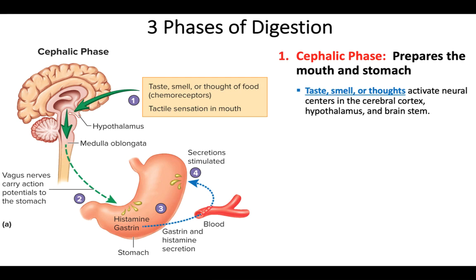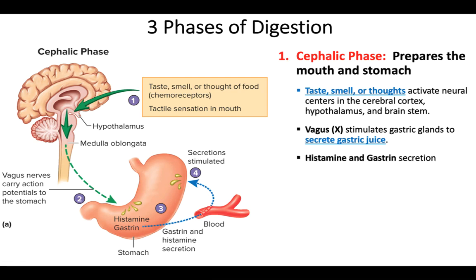It's going to activate neural centers in the brain, so cerebral cortex. So now you're going to be consciously aware of this. Hypothalamus and brainstem are involved. Again, the nerves are the vagus nerve stimulating the stomach, but also hormones, histamine and gastrin secretion.